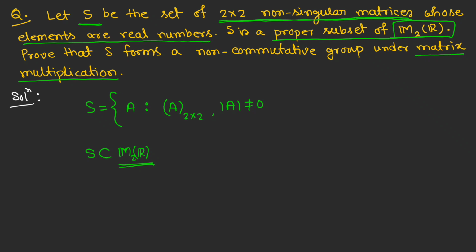S is a subset of M2R. In S there is an additional property. What is the additional property? The additional property is that all the matrices are non-singular matrices.